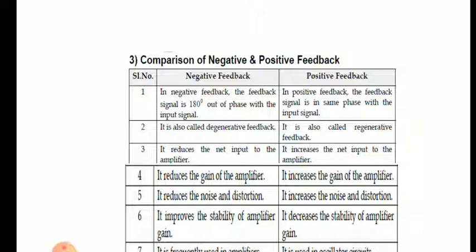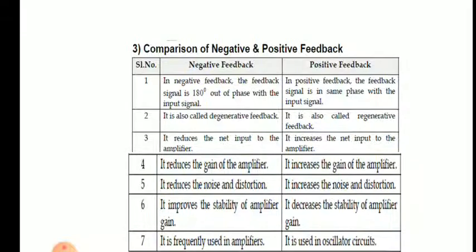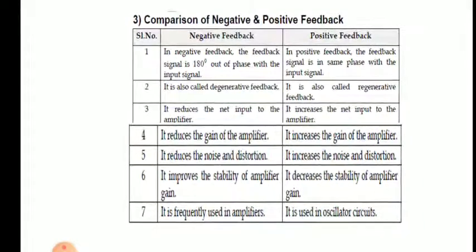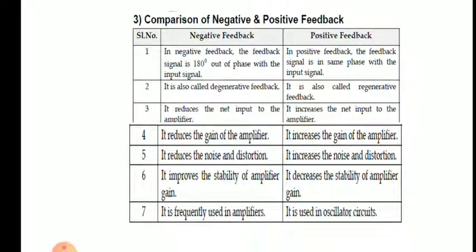Another most important thing in the feedback section is that it improves the stability of the amplifier. This is important. In any circuit, the stability has to be maintained. So if you use negative feedback, it improves the stability of the amplifier gain. Positive feedback decreases the stability of the amplifier gain. This is the major disadvantage of positive feedback, which is frequently used in oscillator circuits.